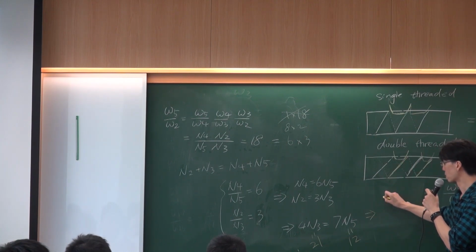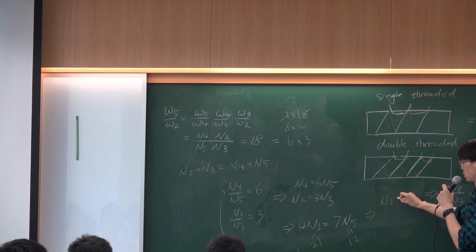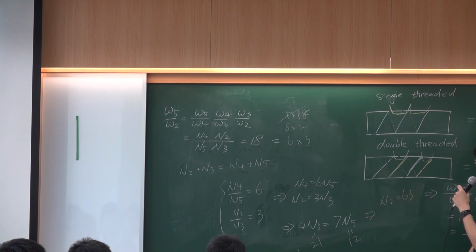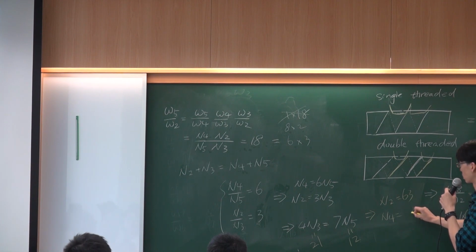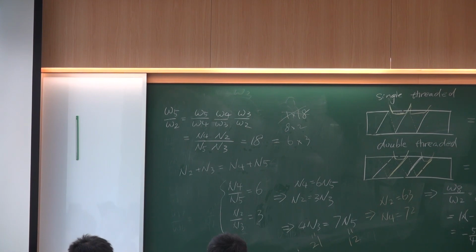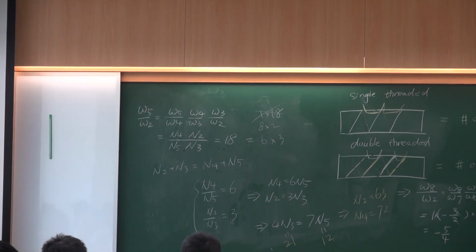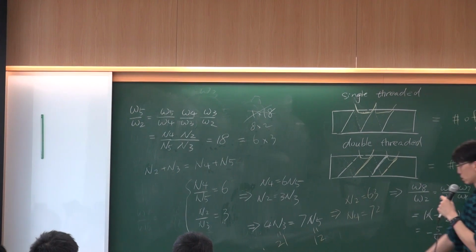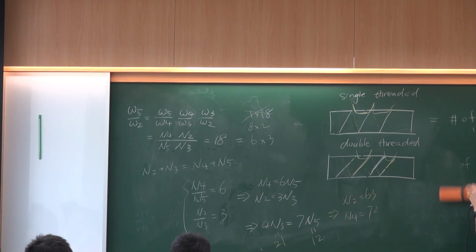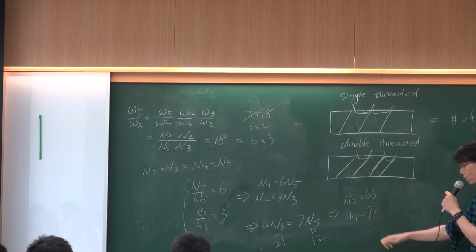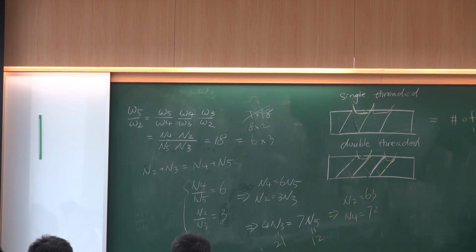Then N2 is, N2 is 3 times N3, and N4 is 6 times N5. And of course you can have any other solution, but it's just one solution.